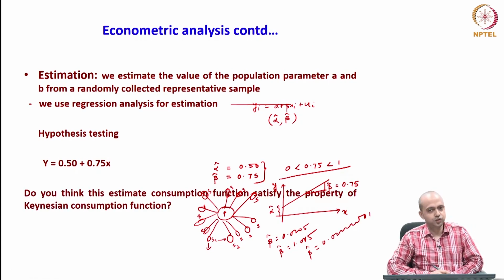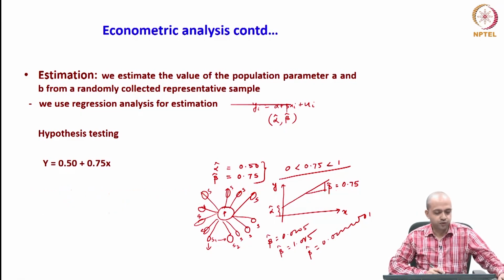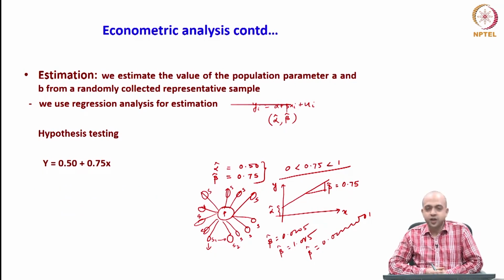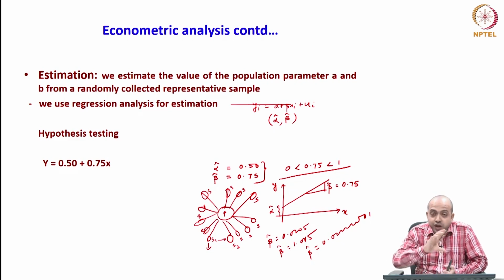In that case you have to say that my income does not have a significant impact on consumption. So we need to ensure that this 0.75 value you got is not because of a chance factor, but for a statistical reason.